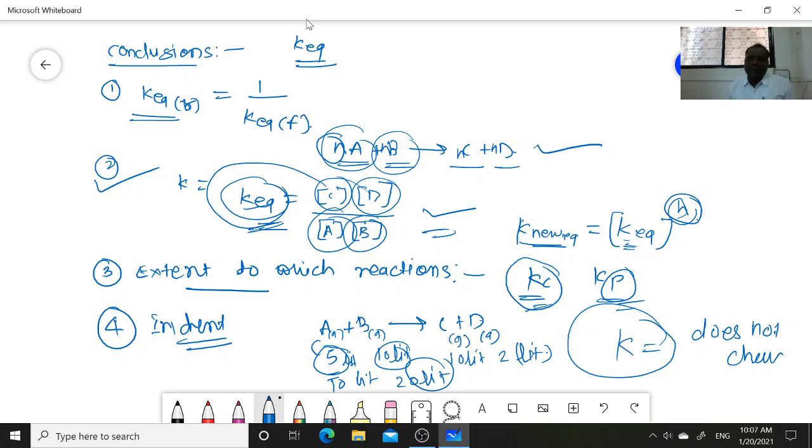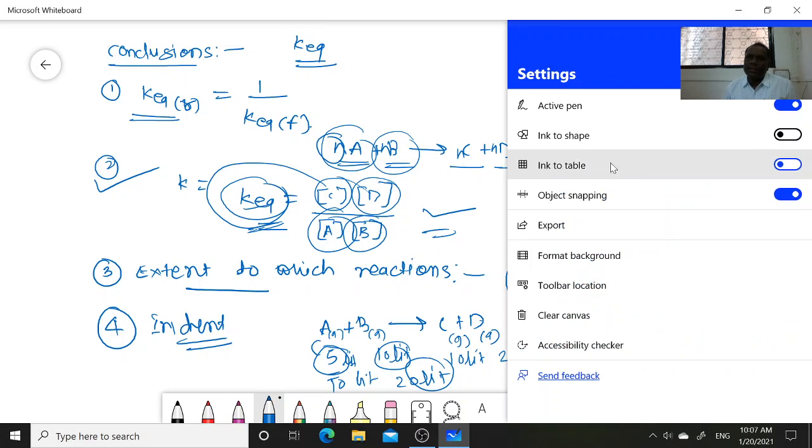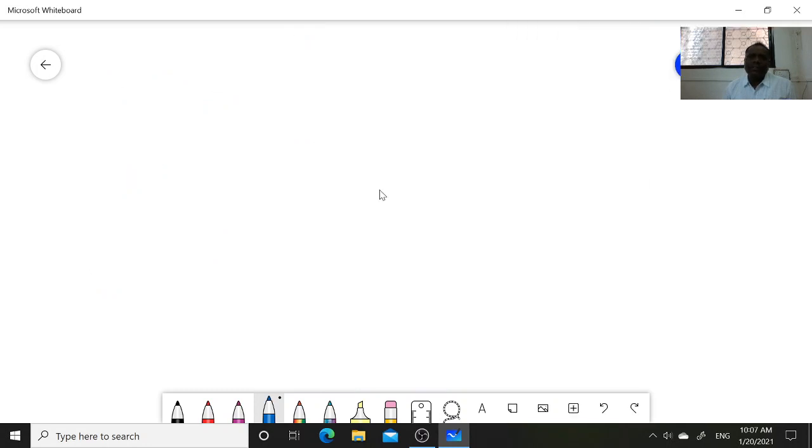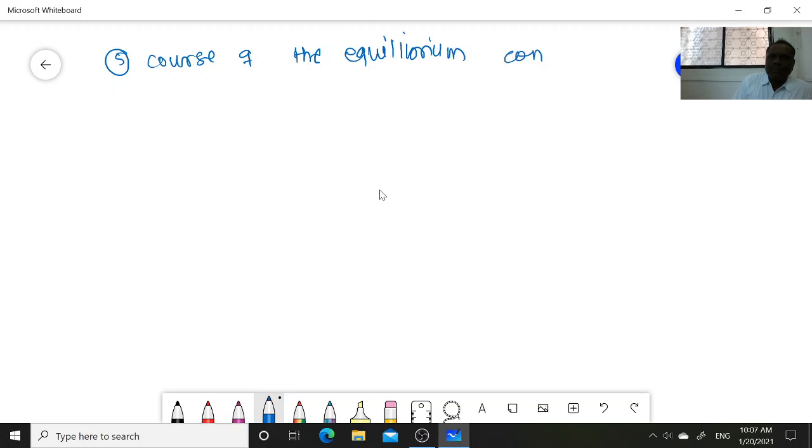Next, the equilibrium constant changes during the course of the reaction. How does it change?